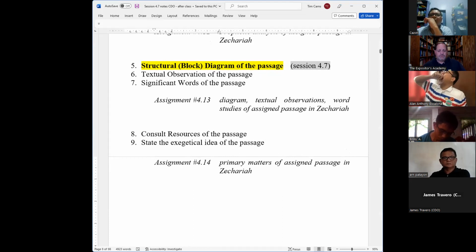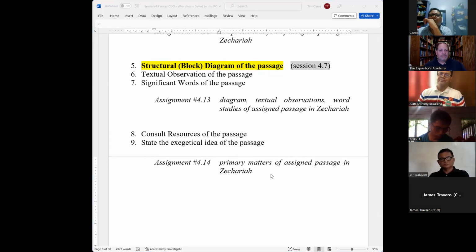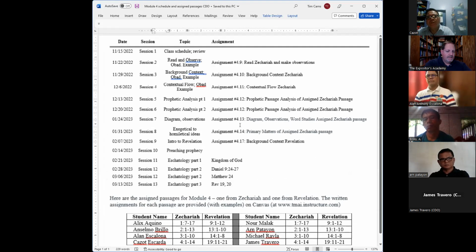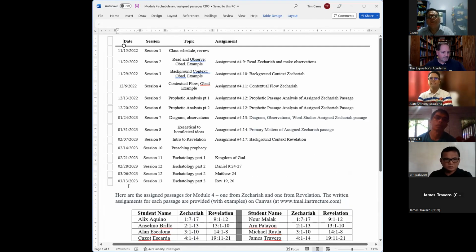As we meet these next 5 or 6 or 7 weeks together, here's the schedule of what I'd like to do.